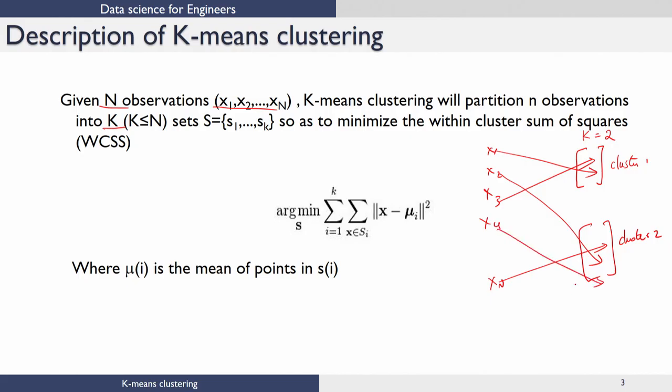All you are doing is taking all of these data points and putting them into 2 bins, and while you do it, what you are looking for in a clustering algorithm is to make sure that all the data points in this bin have certain characteristics which are alike. If I take 2 data points here and 2 data points here, these 2 will be more like each other, but if I take a data point here and here, they will be in some sense unlike each other.